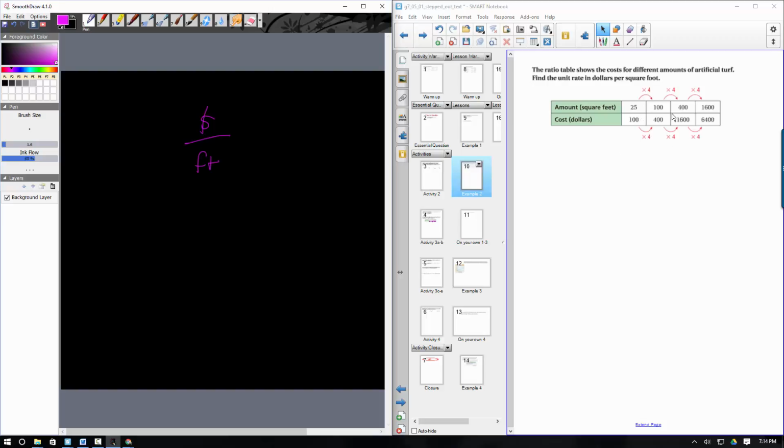I say that because you can take any one of these that you want. Let's just take like the 400 divided by 100. So I'll put 400, which is a dollar amount, right? Divided by the 100 feet. And when I do that, I can simply divide these things off, and I get $4 for every 1 foot. And that's what it is per unit rate.